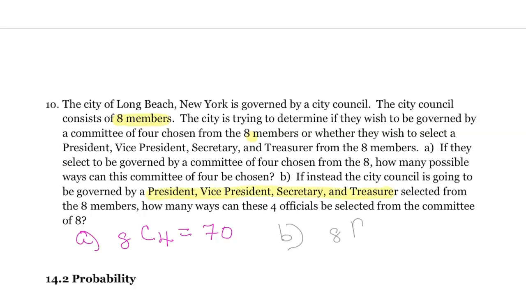I'm going to place 4 into the special role. And when you do that, you get more possibilities. So order matters here. And it did not matter in the first scenario.